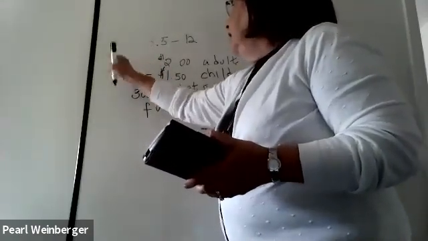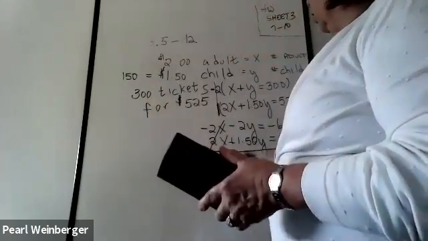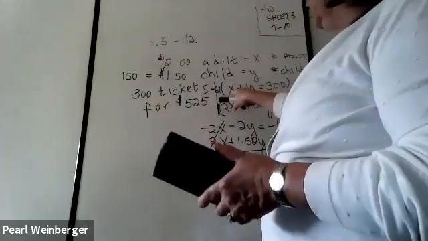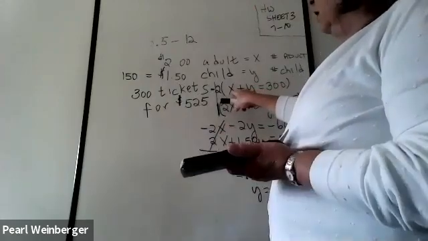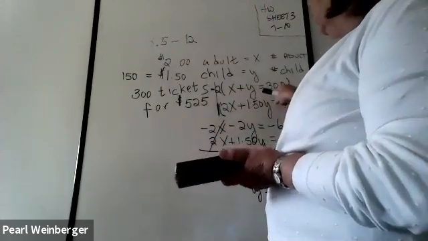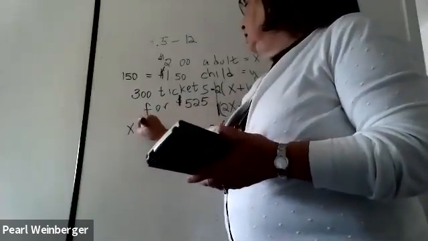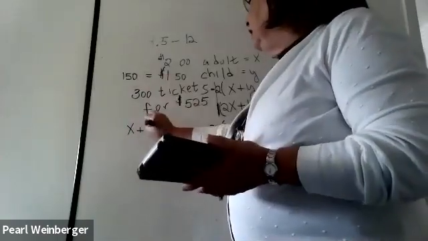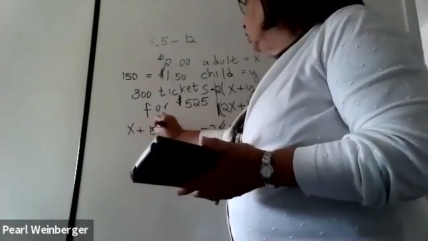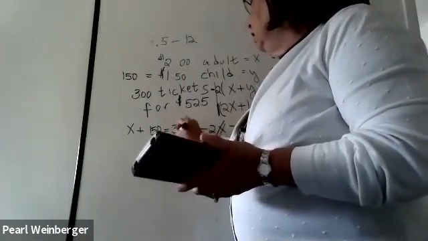Now we also want to find out how many adult tickets were sold. So let's go back to one of our original equations, and probably the simpler one is x plus y equals 300. I know that x plus, now my y I know is 150, equals 300.